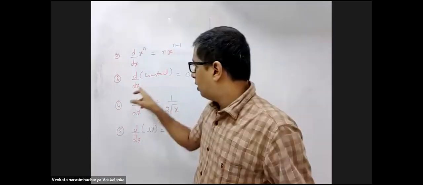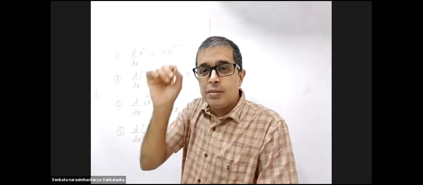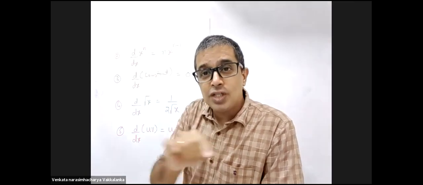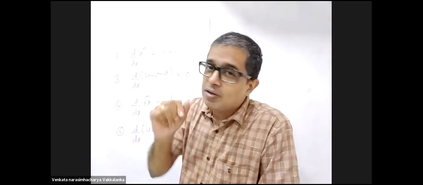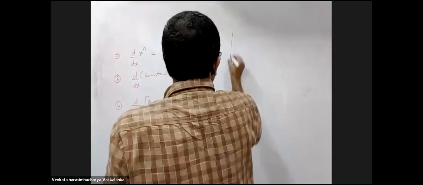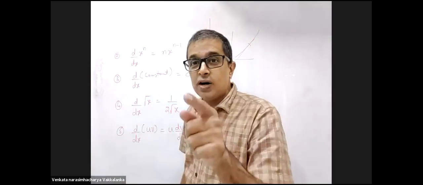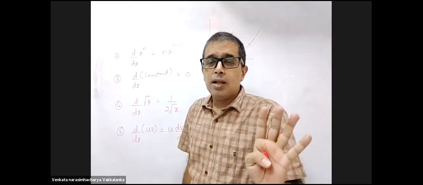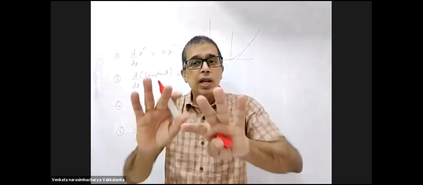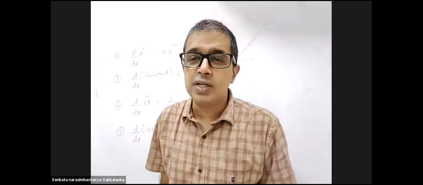For example, differentiation can be done for a function which is continuous, because differentiation will give you the slope of a curve. So the function should be continuous. I never touched continuity at all, because in physics, you will not come across a discontinuous function.